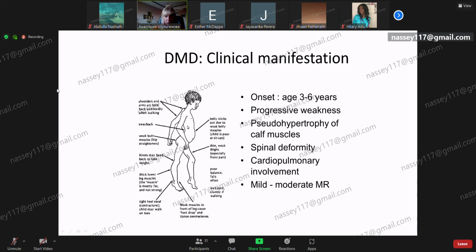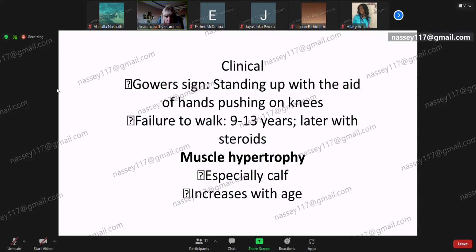Deformation of the spine, hyperlordosis, and it will affect the cardiopulmonary system; there will be disorder of the cardiopulmonary system. Then, Gower sign: standing up with the help of the hands, pushing on the knee. Failure to walk at age 9 to 13.